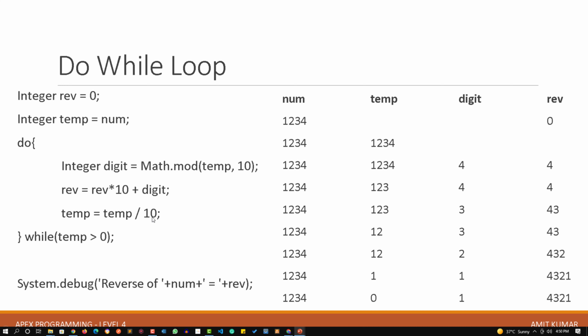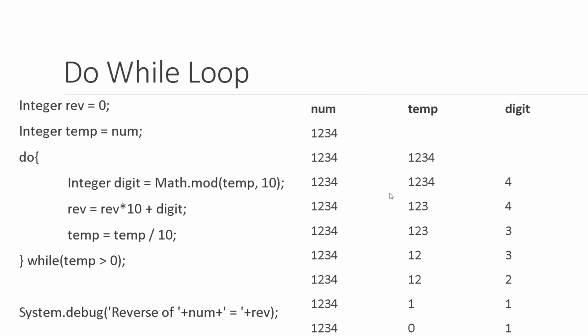When 1 is divided by 10 for the quotient, temp will become 0 and this condition will evaluate to false, and hence this loop will terminate. After that, the reverse of num, that is the reverse of 1234, will be printed as rev, which is 4321, and that's how the reversal of the number takes place.